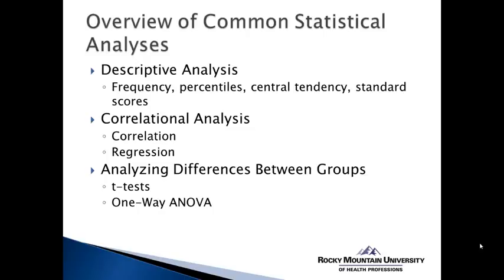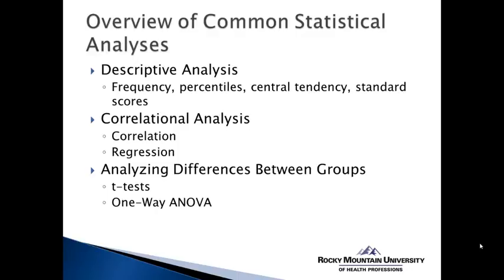So if we have three groups we're comparing, a one-way ANOVA will tell us there's a difference somewhere, but it won't tell us if one is different than two, if two is different from three, or if one is different from three. And so in that case we conduct what are known as post hoc comparisons to find out which groups are different from each other. Now you could also choose to test differences between specific groups rather than comparing all the groups, and these are known as planned comparisons.